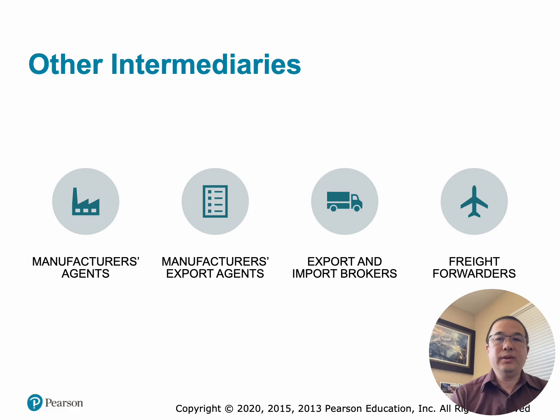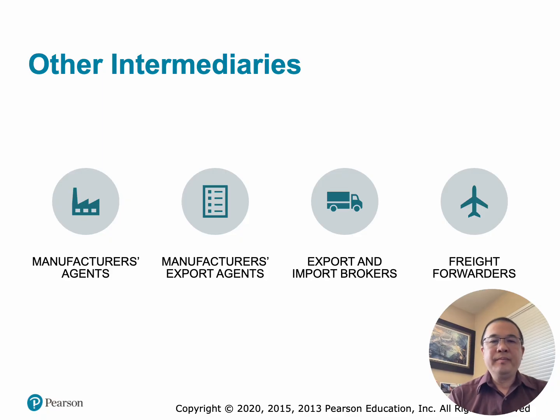This introduces four additional types of export intermediaries that help companies participate in international trade. These intermediaries usually specialize in one part of the export process rather than handling everything like an EMC or international trading company. Number one, a manufacturer's agent. This is an independent sales representative who sells products on behalf of one or more manufacturers.